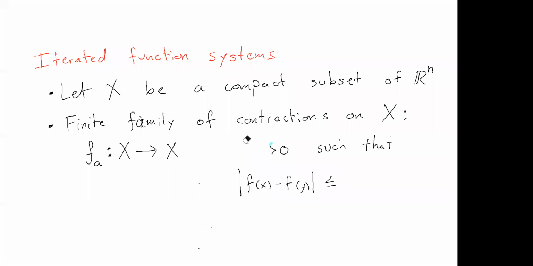So let's get rid of the C if it's a strict contraction. So that'll be smaller than the distance of the original points, X and Y.